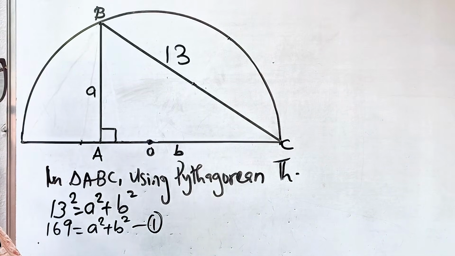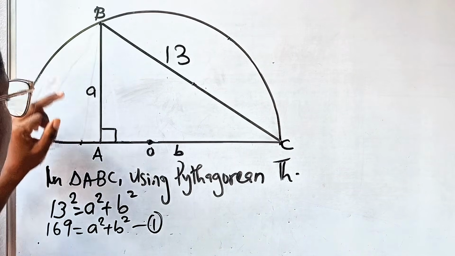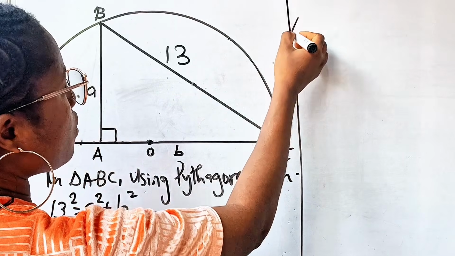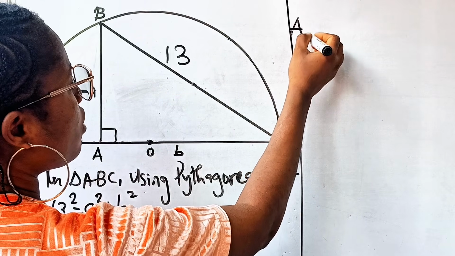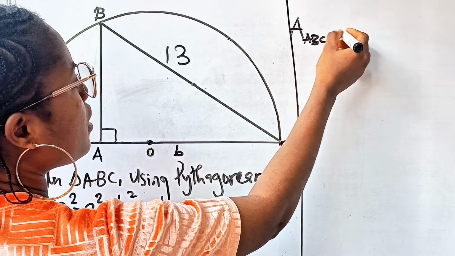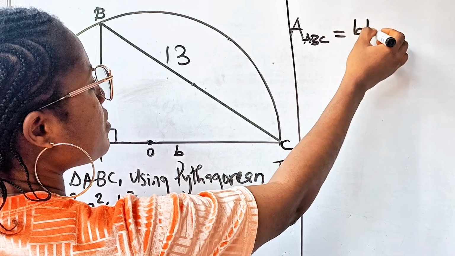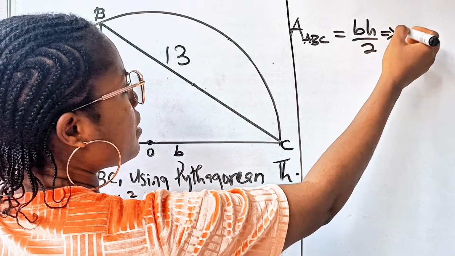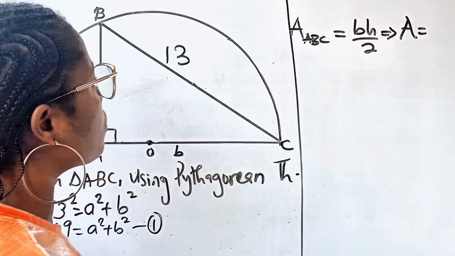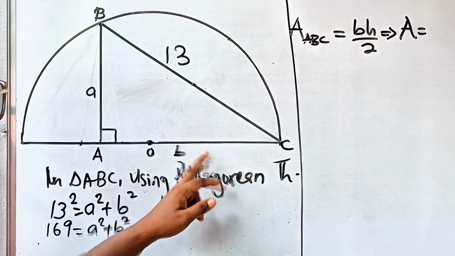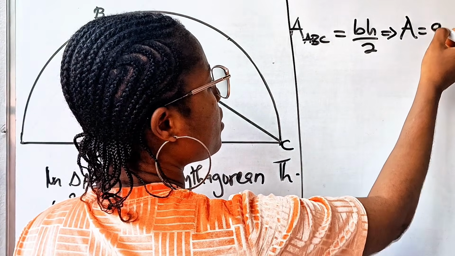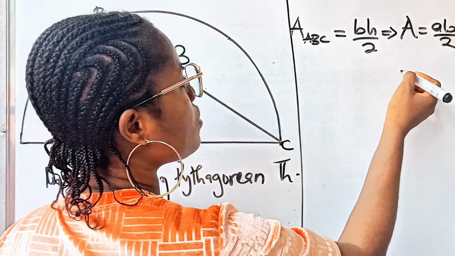Now remember that if we want to find the area of this triangle ABC, the area of triangle ABC is equal to base times height divided by 2. So this implies that the area will be equal to, now the base is small b, the height is small a, so we're going to have ab divided by 2.